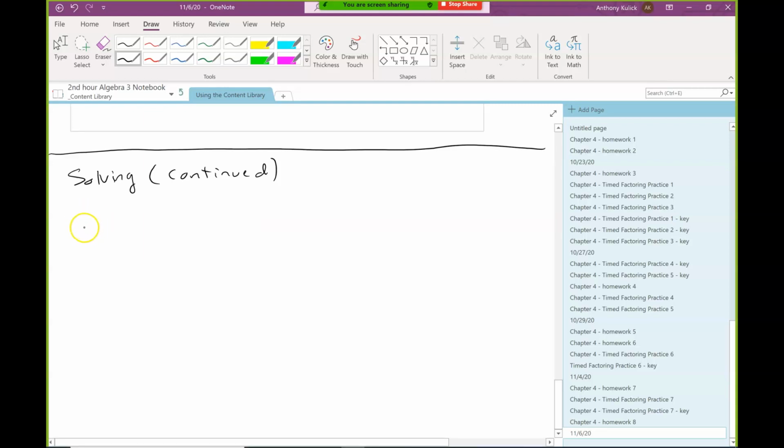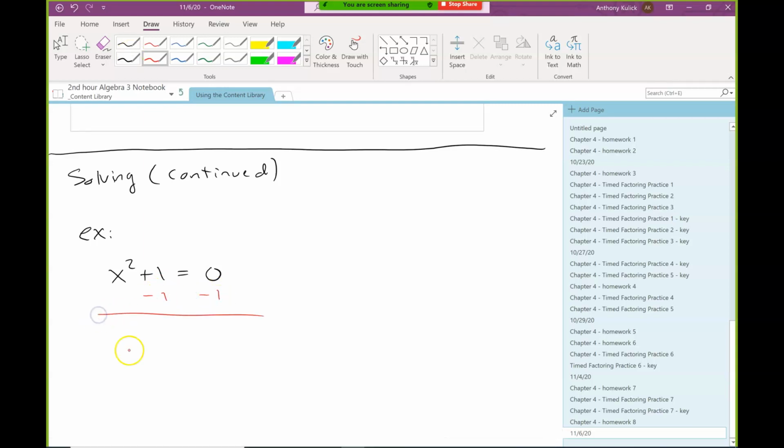So let's say that we have this problem here: x squared plus 1 is equal to 0. To solve that, what would we do? Well, I would use the reverse order of operations here, right? So we'll start by subtracting 1 from both sides.